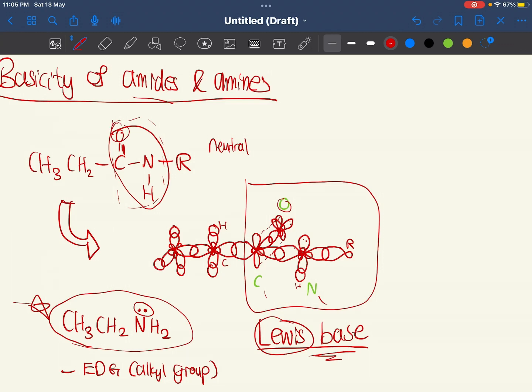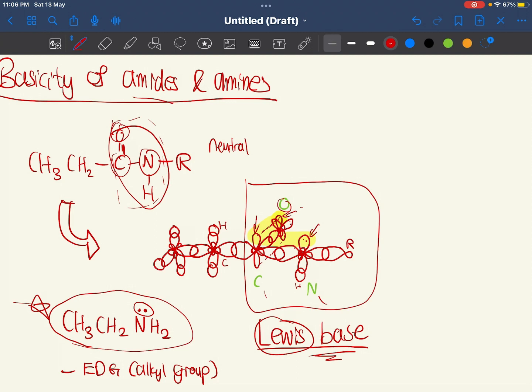You can see that this is a p orbital, and this is a p orbital as well. Even though there's a pi bond between O and C, they are quite interlinked to each other, as you will learn under arenes later. So what forms here is interconnected.